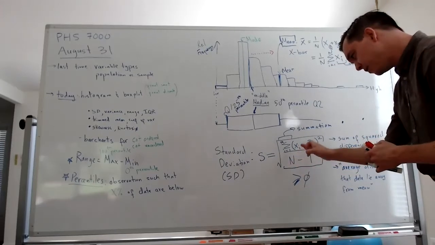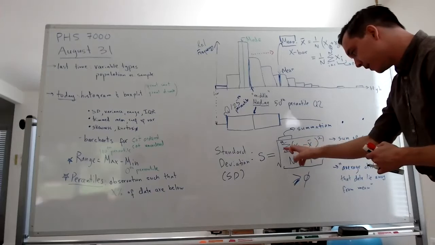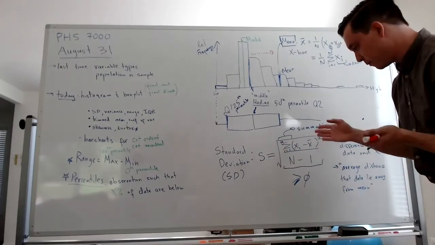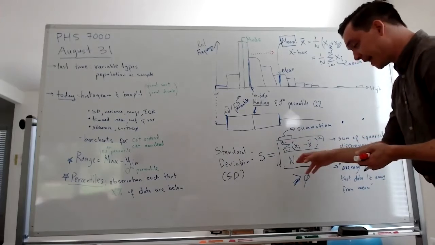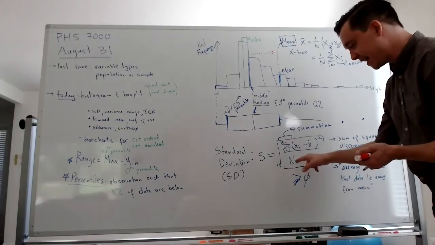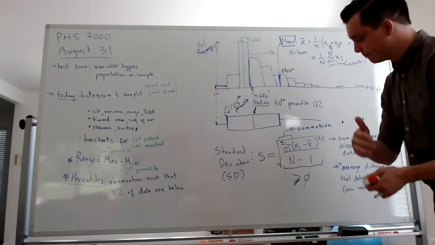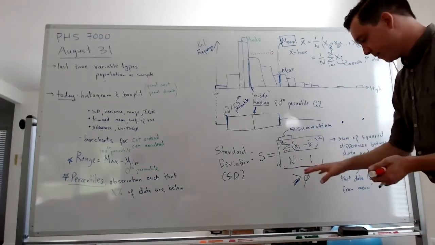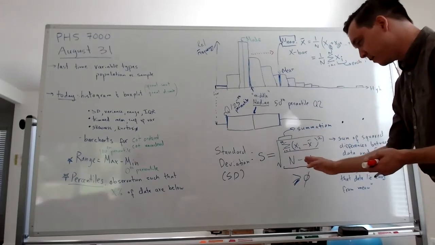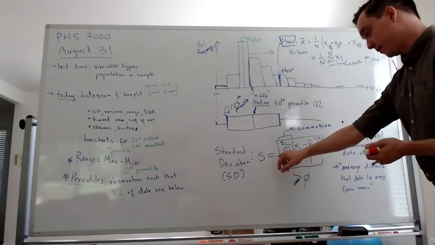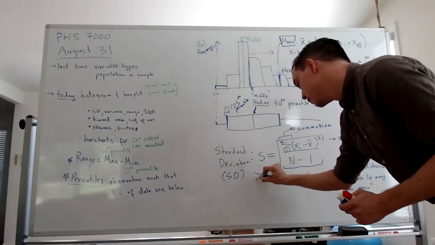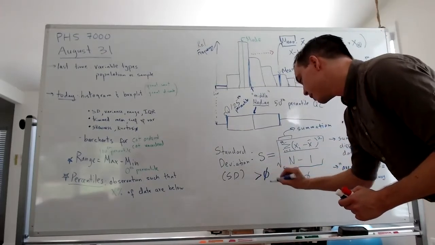Because you're summing squares here, you're pretty much guaranteed to get positive numbers. When you divide by n, as long as n is greater than 1 (if n is 1, you can't compute the standard deviation; if n is 2, you can), you're summing positive numbers, and so the standard deviation is going to be greater than 0.